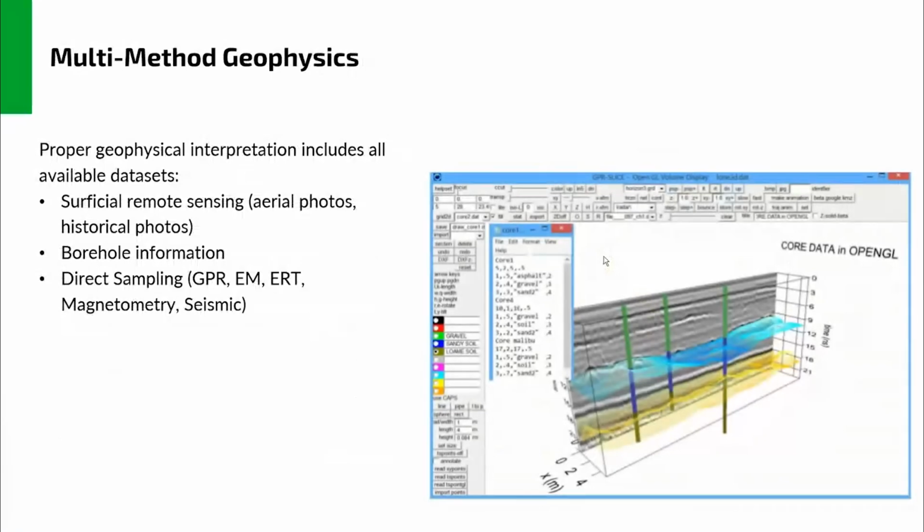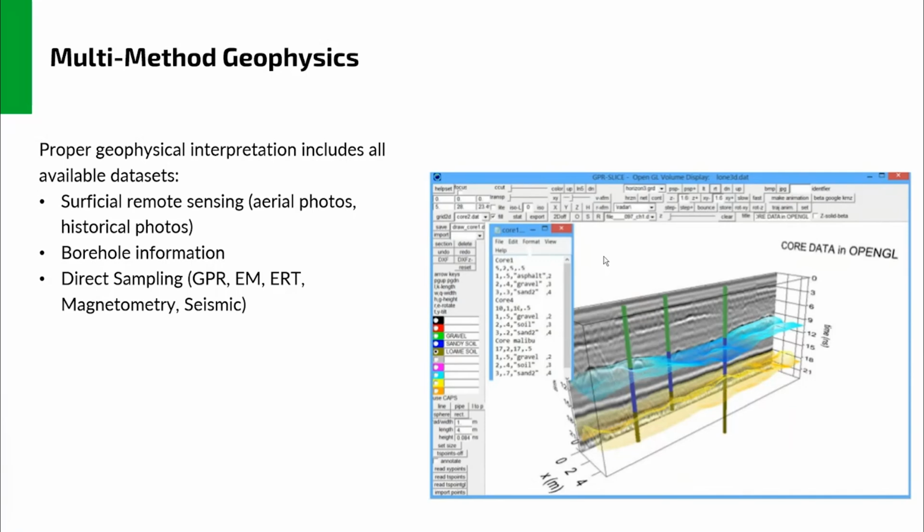A few examples of multi-method geophysics, where we use remote sensing, aerial photos or historical photos, as well as borehole information, if any is available. Obviously, everything has to have direct sampling, either from one of the used methods, either GPR, electromagnetic, ERT, magnetometry, seismic, or whatever we are using at that point.